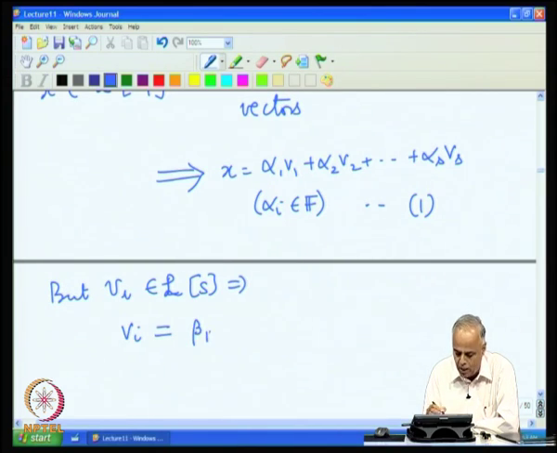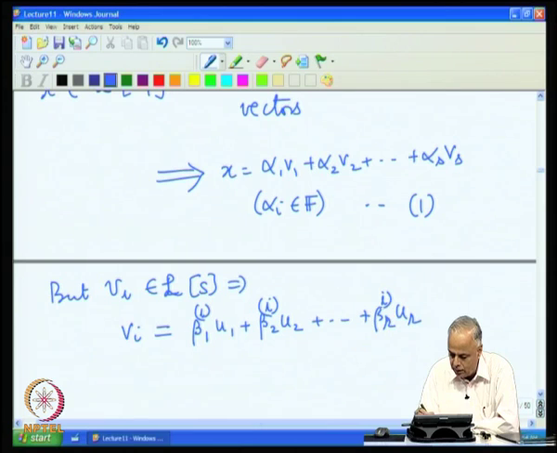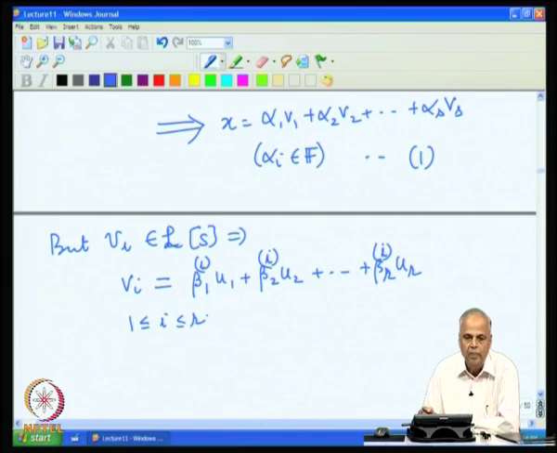How do we write it? Beta 1 u1 plus beta 2 u2 plus up to beta r ur. The S vectors are u1, u2, up to ur, and Vi must be a linear combination of these. Since we are talking of the ith vector, we will put a superscript here to say that that is the coefficient of the ith vector, and we can do this for every one of the i's from 1 to s, because there are s.